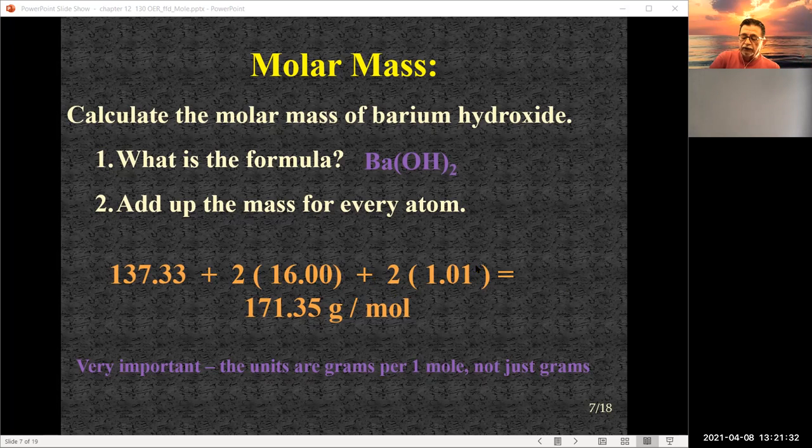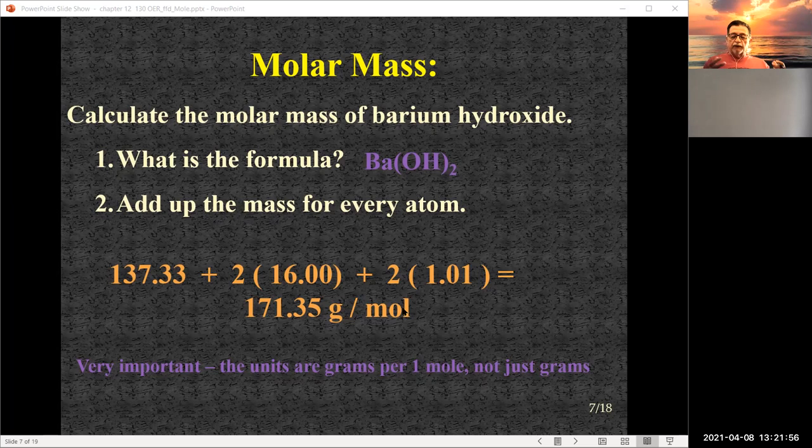When you do all the math there, 16 times 2 is 32, and then we got 2.02, and we had the 137.33. You end up with a total of 171.35 grams per mole. That is the molar mass of barium hydroxide.